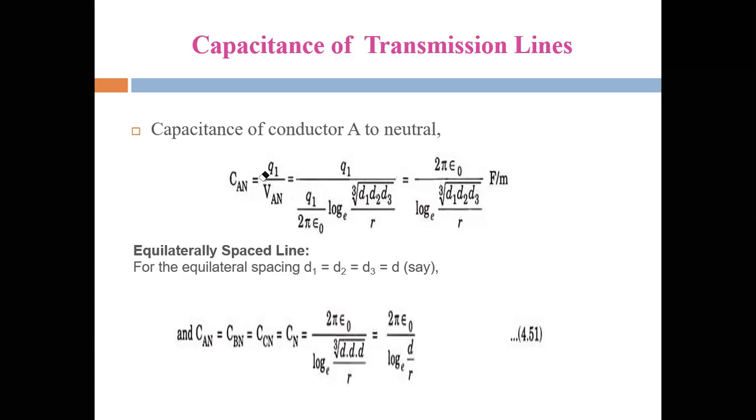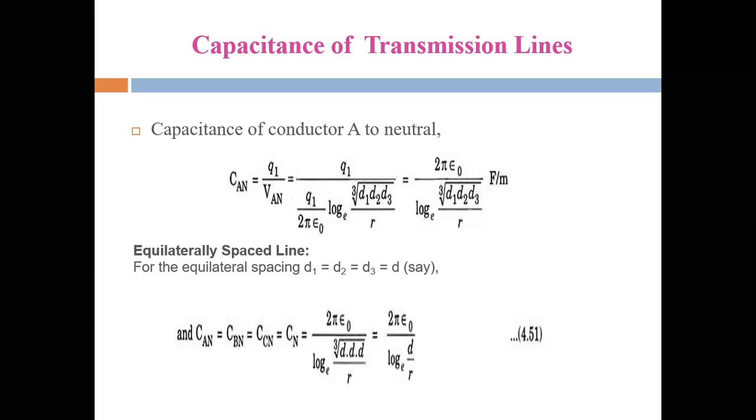Then we obtain log E D by R. Therefore it is equal to 2 pi epsilon naught by log E D by R. This is the capacitance of equilateral spacing lines.